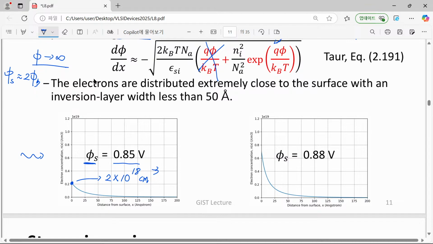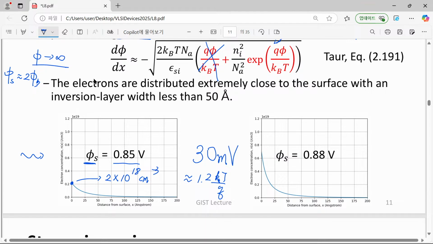Now we just increase the surface potential by 30 millivolt. 30 millivolt is roughly 1.2 times the thermal voltage, because the thermal voltage is 25 millivolt.